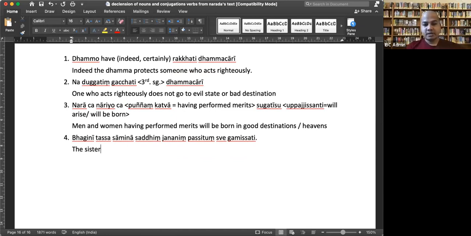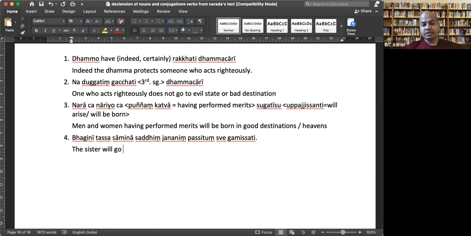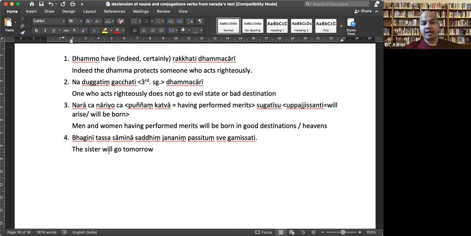The sister will go, right? Sve means tomorrow. Tassa samina saddhim, together with her husband. Jananim pasitum. Now look at this ending here, tum: the infinitive mode of verb, to see.